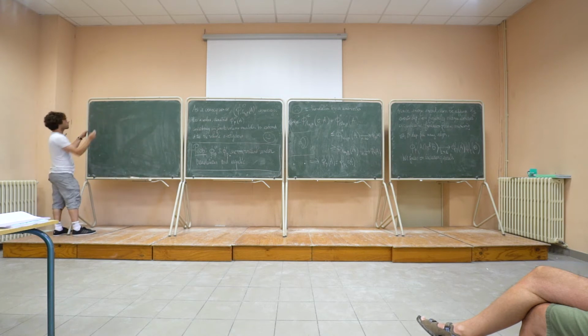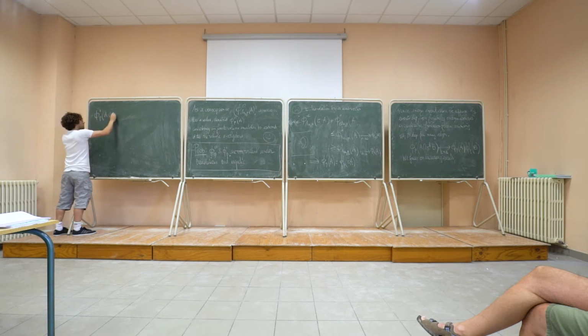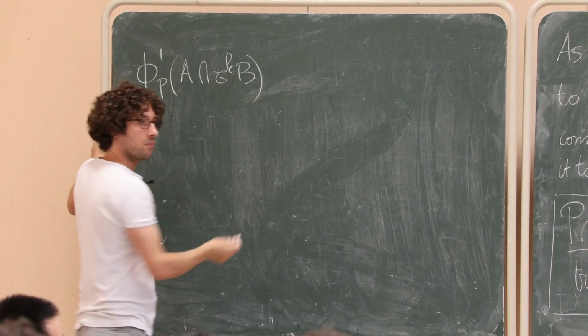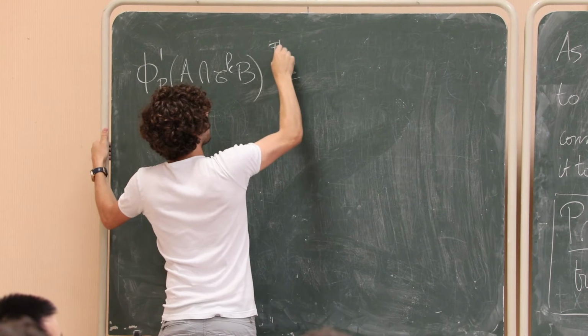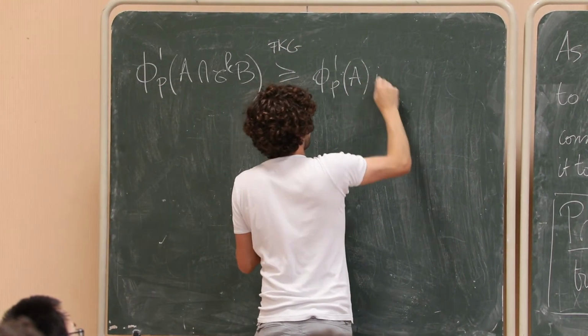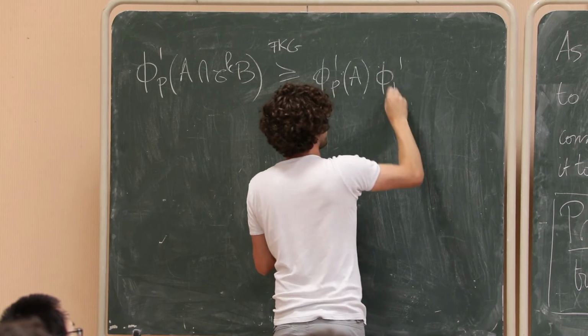Okay, so first thing is that this thing, well, by FKG is larger than the product of the two events because they are two increasing events.